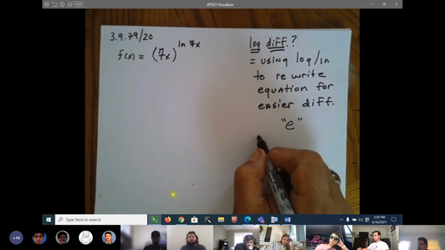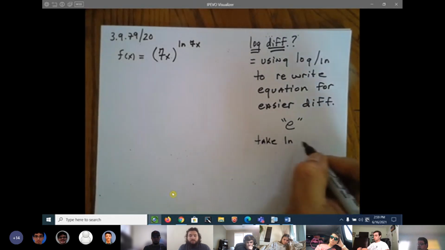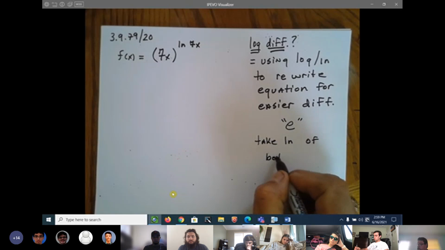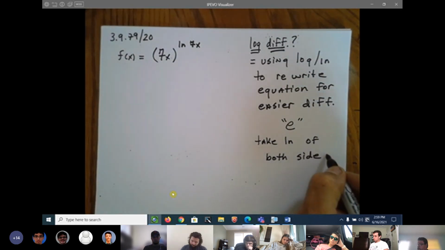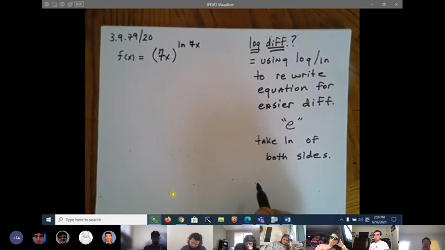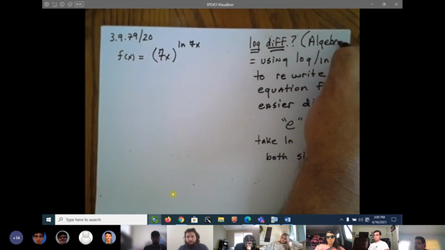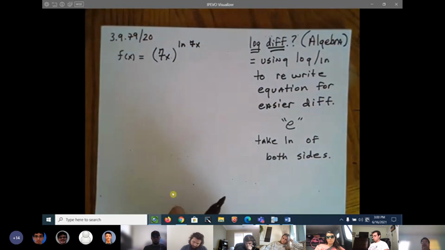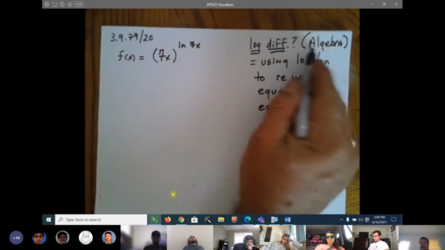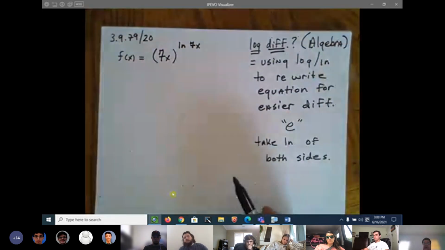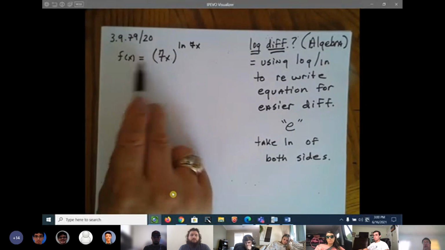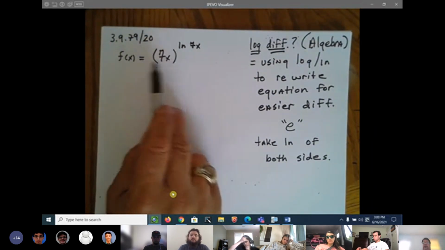First thing you're going to do is take the log of both sides. Now, do you think you're going to be using calculus with the natural logs, or are you going to be using algebra? You're going to be using algebra. You're going to do about 3 or 4 steps with the natural log and algebra. Then you're going to get ready to take the derivative. So use your algebra skills by taking the log of both sides.